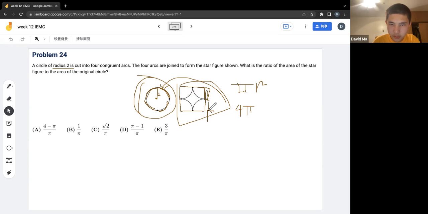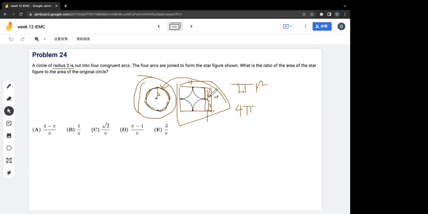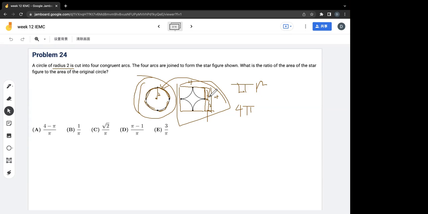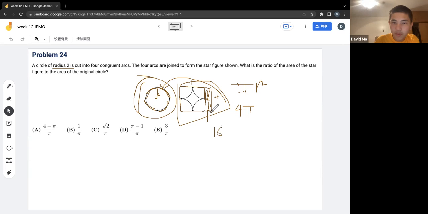From here to here, it's a 2 again. So it's a 4, right? Because it's the same thing for all sides. This part is also 4. So what is the area of this square? The area of the square is 4 times 4, which is 16. Yep, 16. And now we have to minus these parts, right?